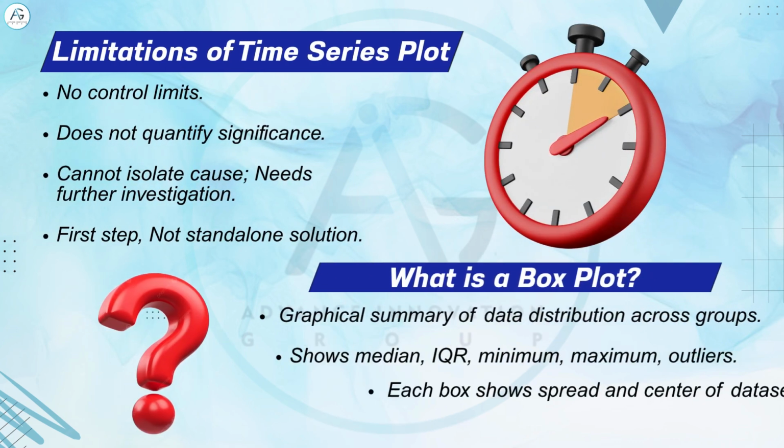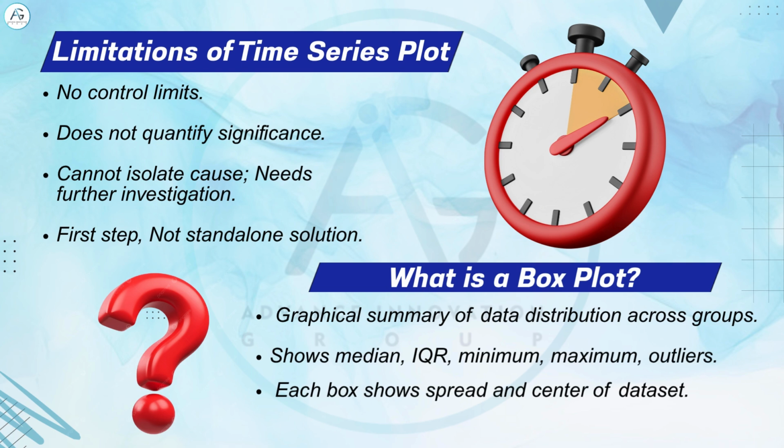Let's begin by understanding some limitations of the time series plot, and then we'll transition into box plots, another useful visual tool. Limitations of time series plot. One major limitation is that it doesn't include control limits, so we can't say whether variation is within acceptable bounds. It also doesn't quantify statistical significance.